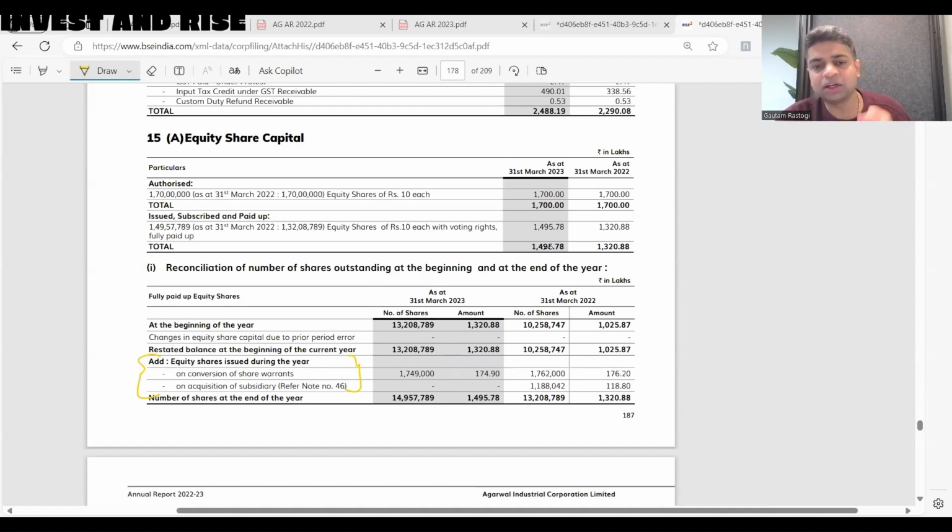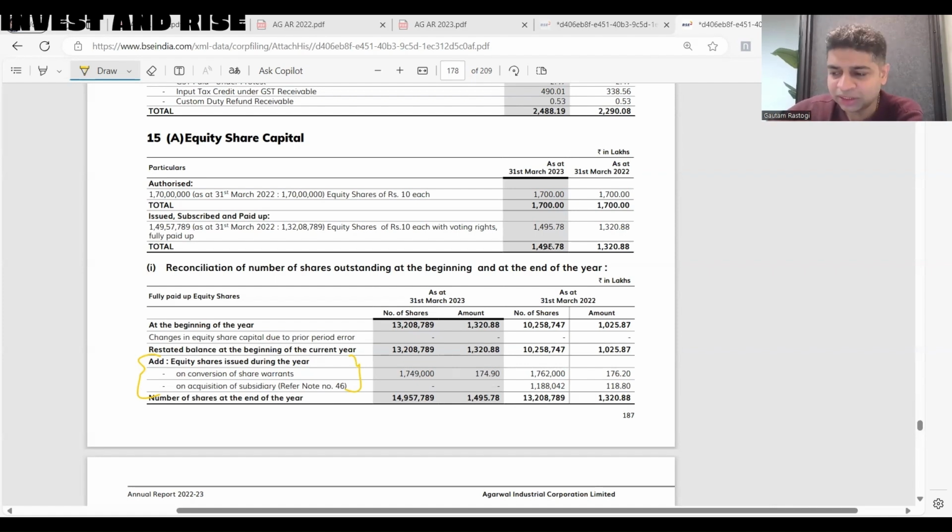Rather, if you want to increase your ownership, you would expect the management to buy it from the open market. And if they want to really infuse capital in the company, right? It's right now small, they infused only 2 CR worth of capital. They could have taken a loan, right? They have a very high credit line.